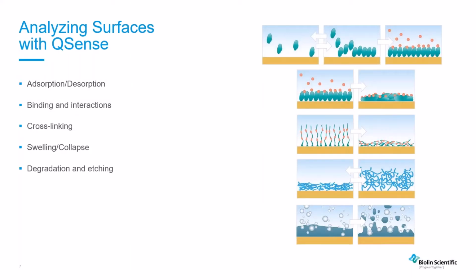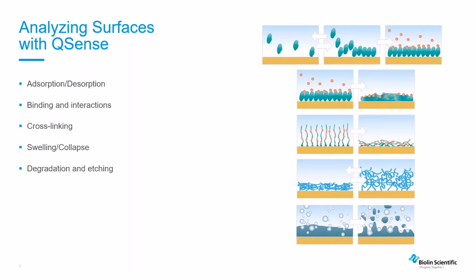So with this kind of technology, here we have a few examples of what you can do. The pictures to the right illustrate some typical situations or systems that you can measure and get information about. The yellow bottom is the surface of the sensor.